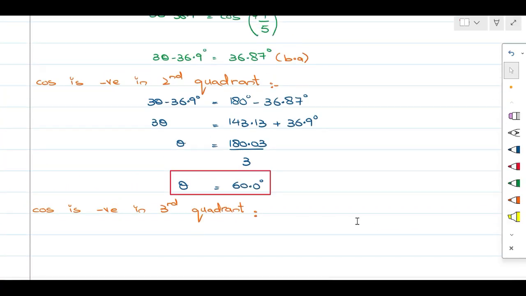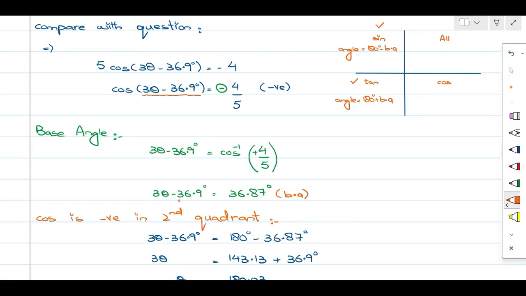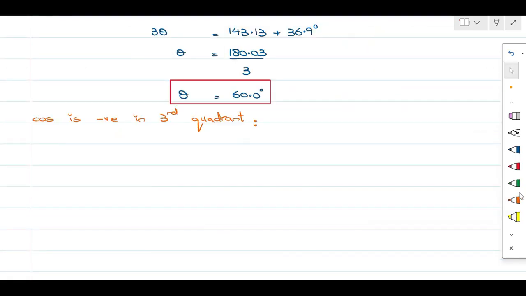Okay, now for the third quadrant, your angle 3 theta minus 36.9 degrees would be equal to 180 plus that angle, right?